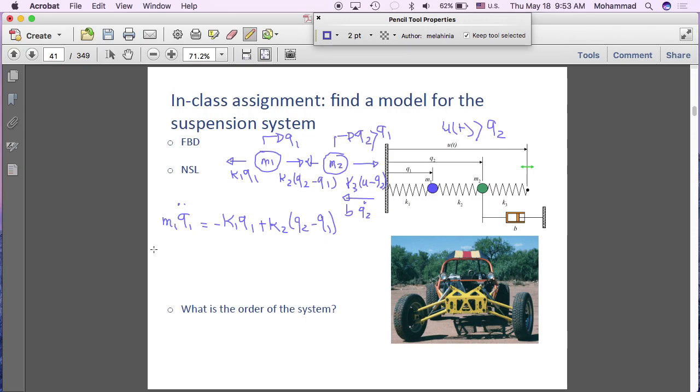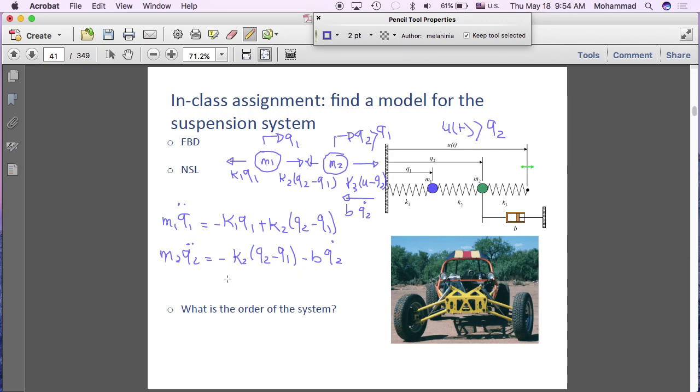For the second mass, we have m2 q2 double dot. That's its acceleration, and it is equal to, now let's start from the first force, which is negative force, minus k2 (q2 minus q1). Then we have another negative force, minus b q2 dot.